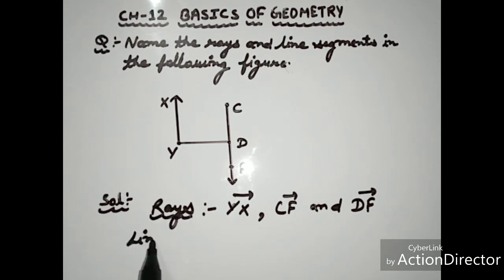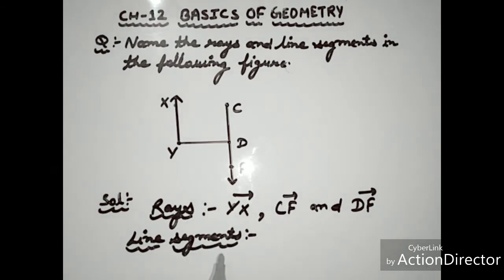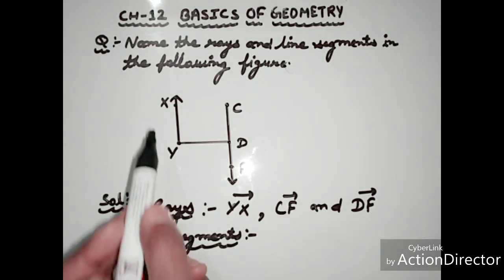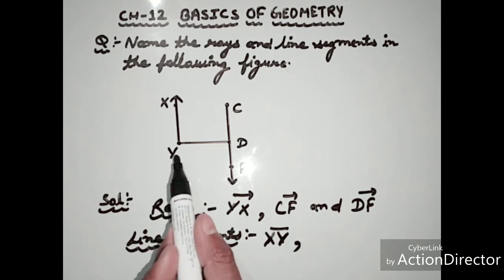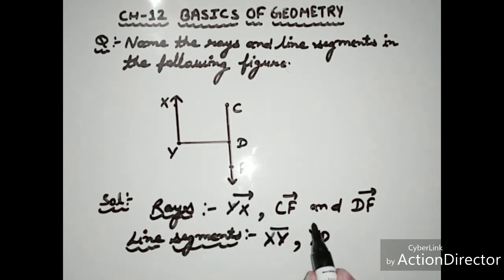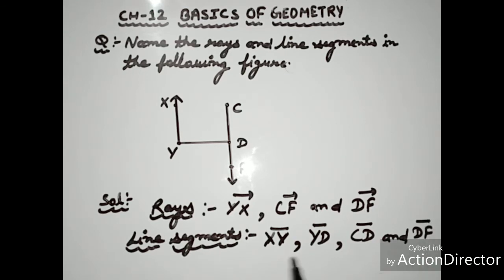Now line segments. Here the first line segment is XY, next YD, next line segment CD, and DF. These are four line segments in the given figure.